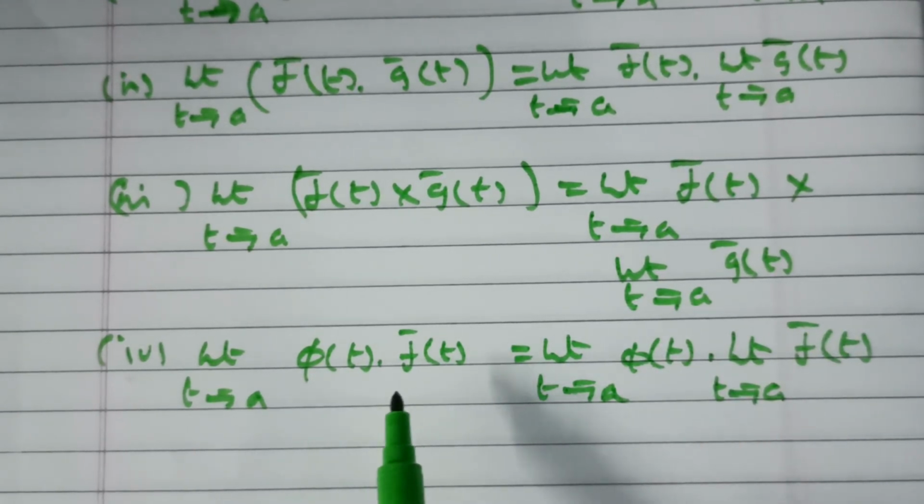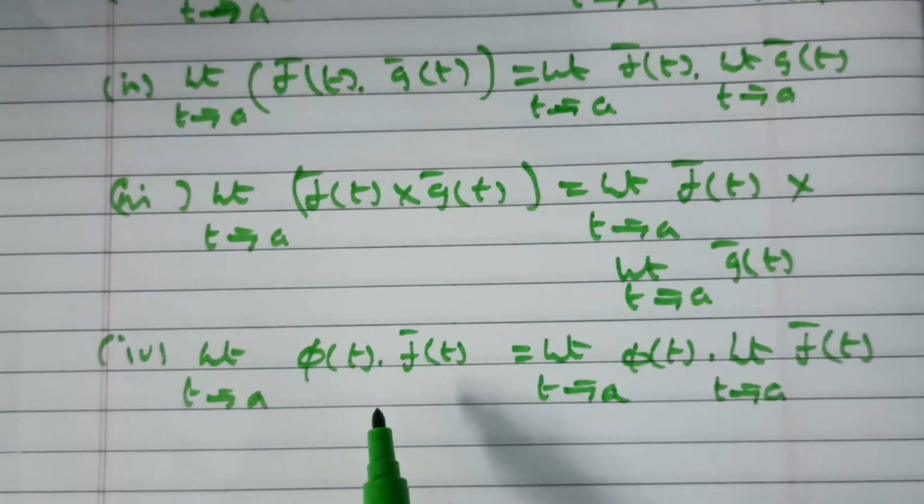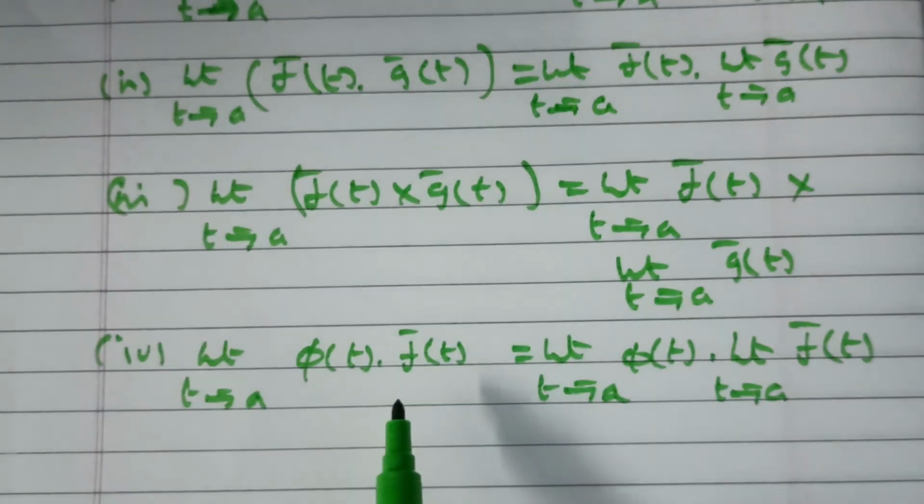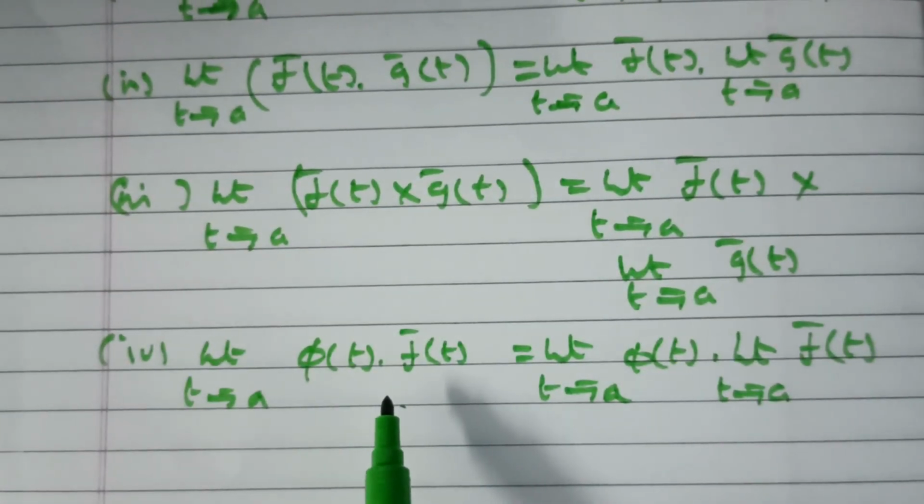Generally it is multiplication, because the dot or cross product can exist only between two vectors, not between one scalar function and one vector function. In between them it is multiplication only, not the dot.